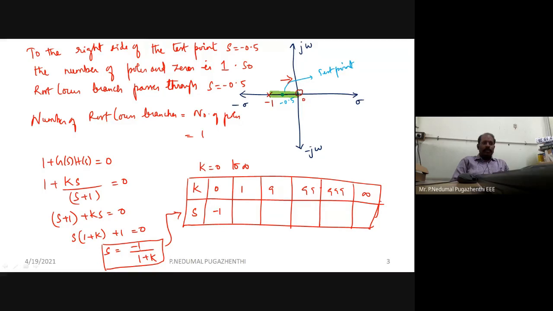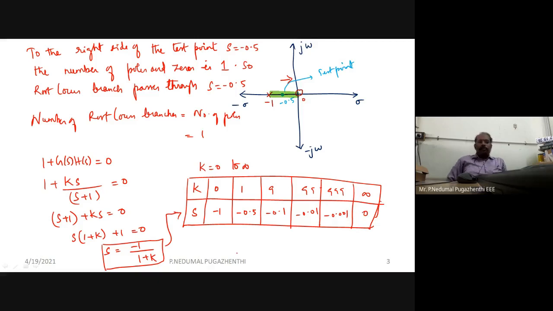If you substitute K equal to 1, you will get minus 1 by 2, which is minus 0.5. If you put K to be 9, you get minus 1 by 10, which is minus 0.1. For 99, minus 0.01, then minus 0.001. If you put infinity, you will get 0.